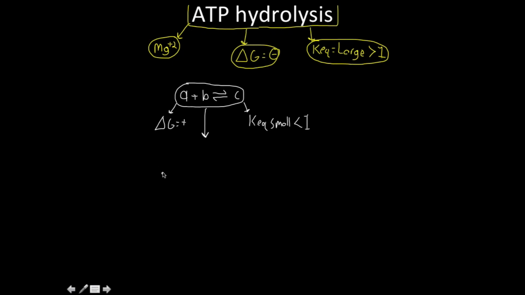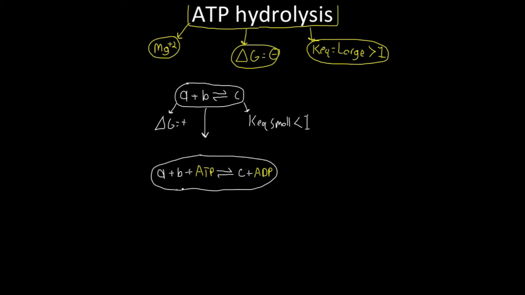The way I'm going to do this is to still have A plus B, but include in this reaction the hydrolysis of ATP. This doesn't really change the overall reaction directionality with respect to A and B, but it does change the overall delta G values, because we're now considering ATP as part of our reactants and products.